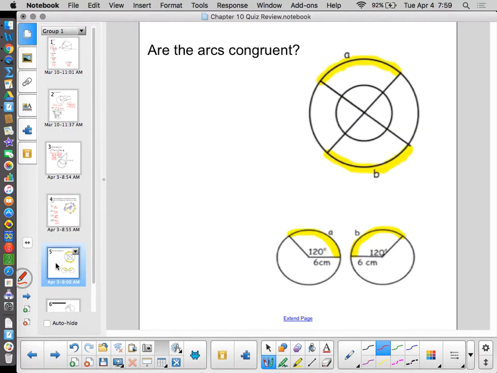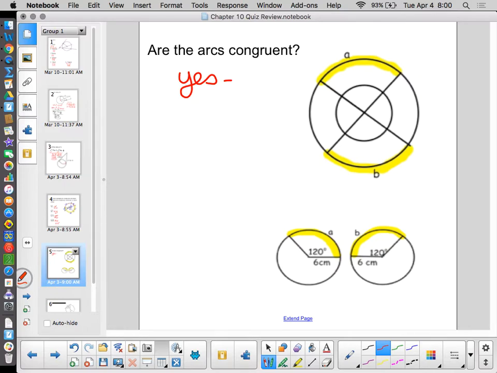Are the arcs congruent? If so, explain why or explain why not. So are arcs A and B congruent in this picture? Why? So here I'd say yes. They are congruent. Why are they congruent? Half your points are coming from the why.